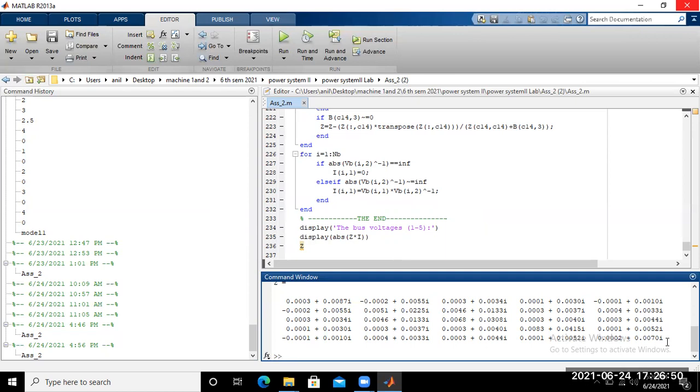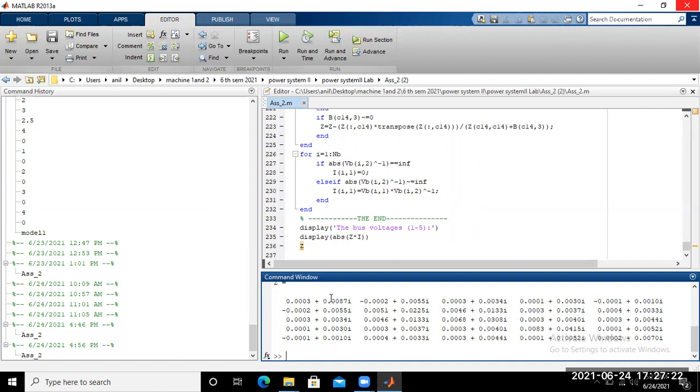So the element here, 0.003 plus 0.00871, is your Z11. Can you tell me which one is the resistance value and the reactance value of Z11?